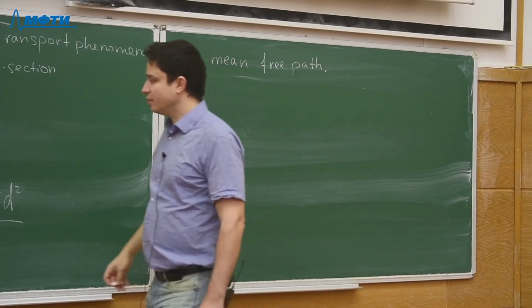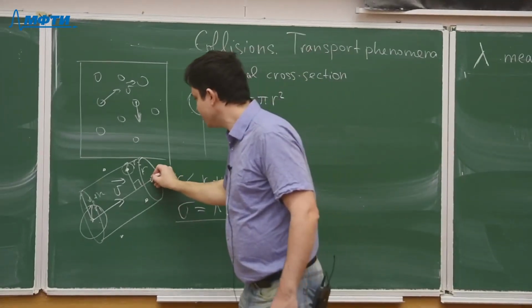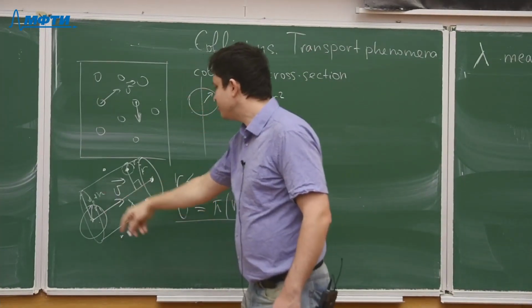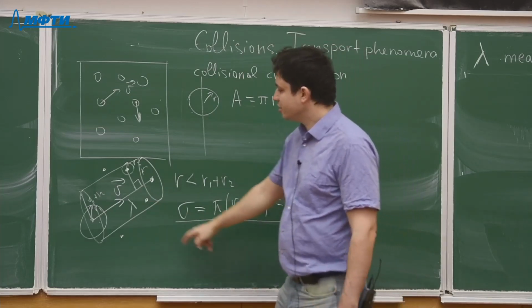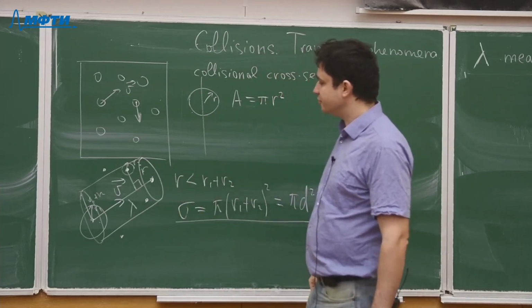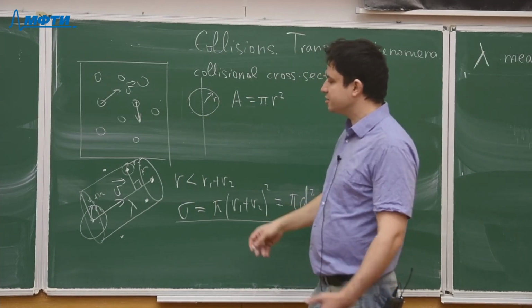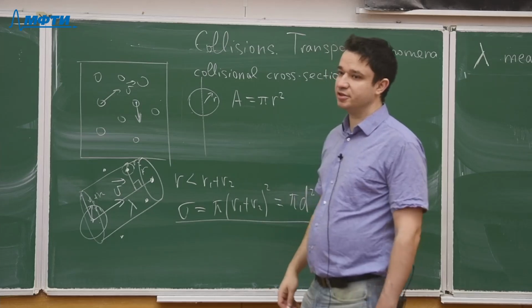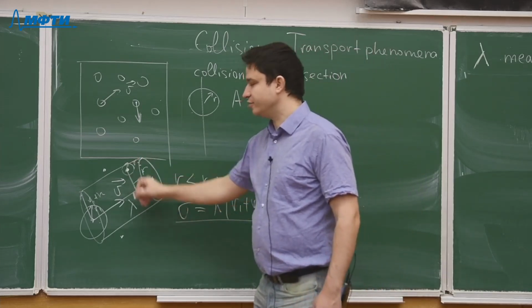The idea is that if we have this cylinder which has the base area equal to the collisional cross-section and the height equal to the mean free path, then inside the volume of this cylinder, on average, you would have one other molecule.